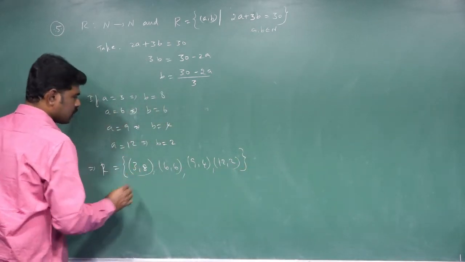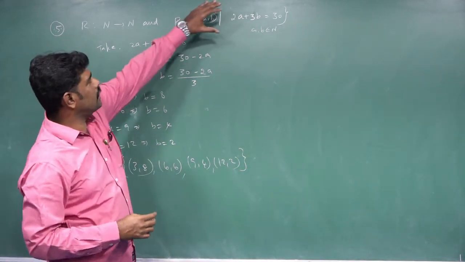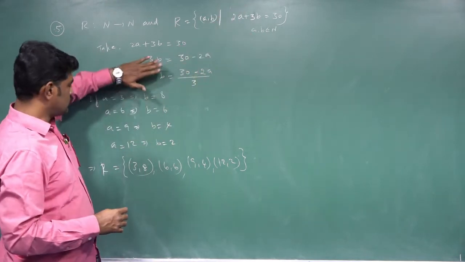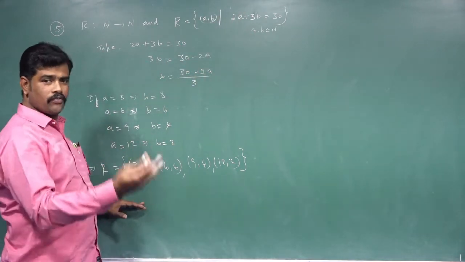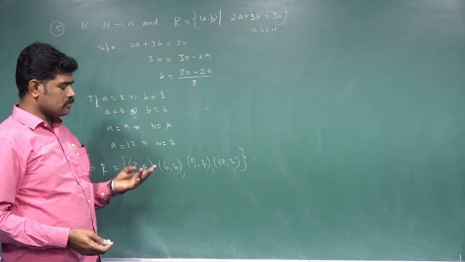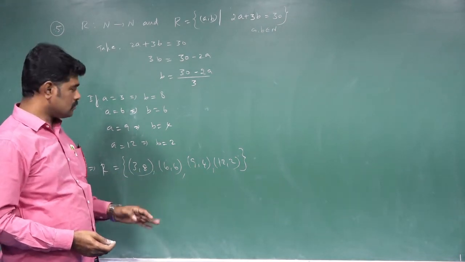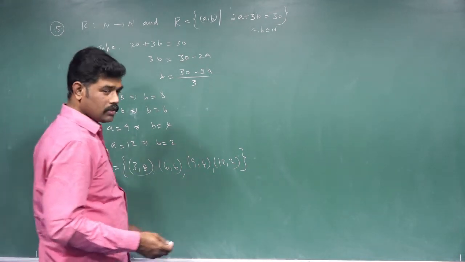Now we got the relation. Here they gave one condition: we should form the proper pairs to verify whether the relation is reflexive, symmetric, transitive, or an equivalence relation. This relation is what we needed now.